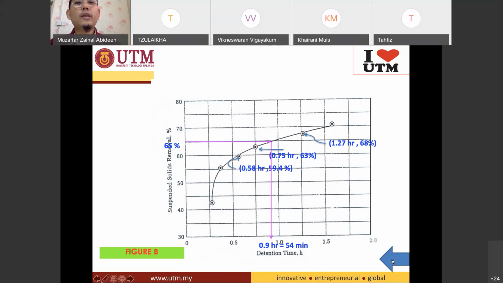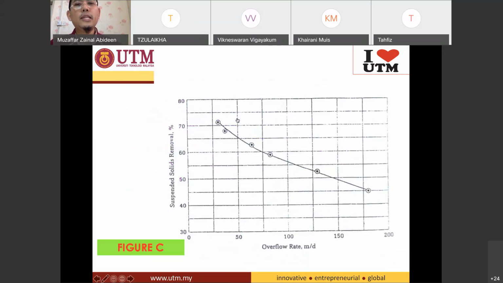Right. We look at figure 6 also. This is the plot of RT against the overflow rate. The same thing. That is 82.3, which is the V naught that you produce when the time is equal to 35 minutes, and it gives you 59.4. Then we have another point, 64 V naught.